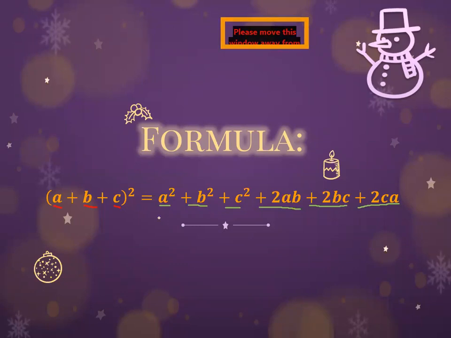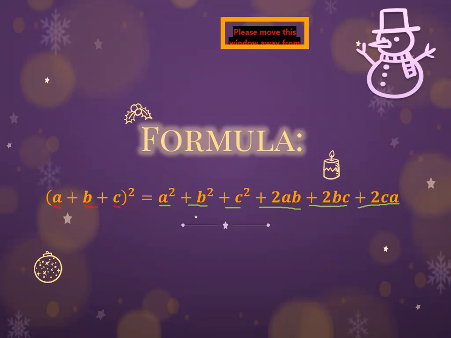If you have any three terms, the whole square will be equal to a square plus b square plus c square, which means you take the individual square of each term, and then plus 2ab, which means you multiply two terms at a time: a with b, then b with c, and the last two terms c with a. 2ab plus 2bc plus 2ca.